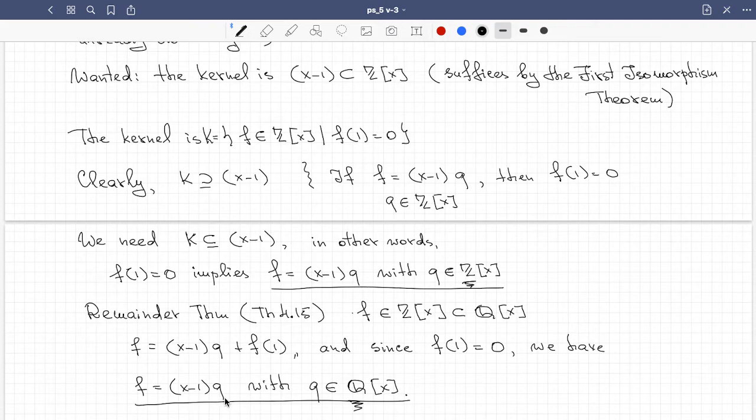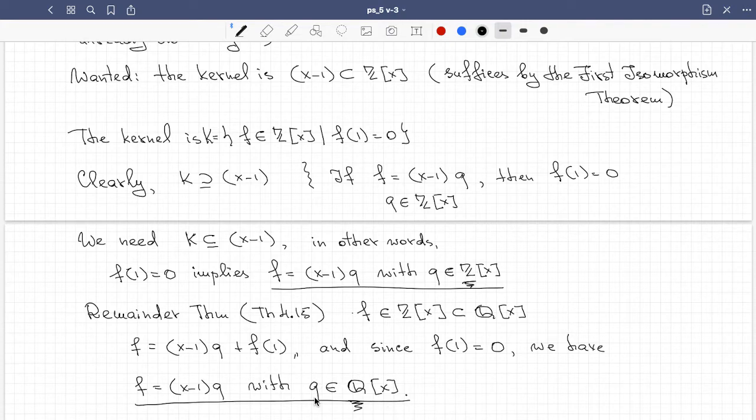The remainder theorem guarantees, as soon as f of 1 is 0, the existence of a polynomial with rational coefficients. Of course, I can consider any polynomial with integer coefficients as a polynomial with rational coefficients. But I cannot go backwards. Not every polynomial with rational coefficients is a polynomial with integral coefficients.